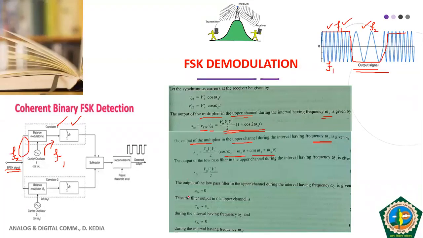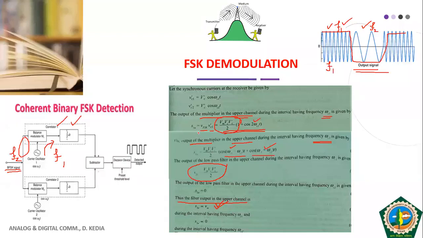When you pass this through the low pass filter, twice omega is a high frequency component, the sum is also a high frequency component, and we have the difference as the lowest frequency component. If you pass it through a low pass filter, you get the output which is proportional to your modulating signal. So your filter output in the upper channel is proportional to the modulating signal.